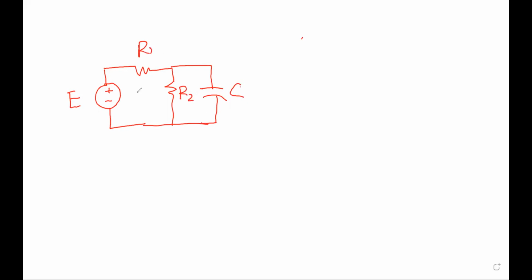And the source was connected to the circuit for a long time. Say at t equal to 0, your source is disconnected. If it is disconnected, then what will happen? Your circuit will be something like this, R2 in parallel with C, isn't it? Yes, sir.